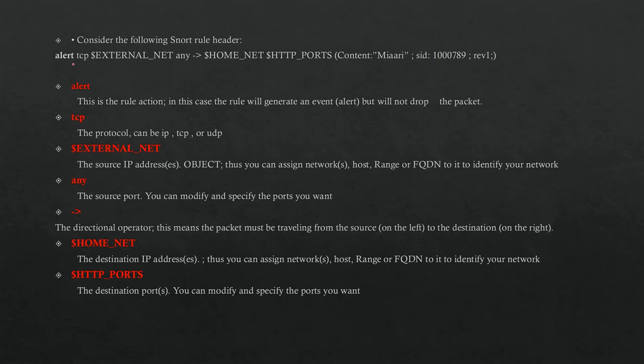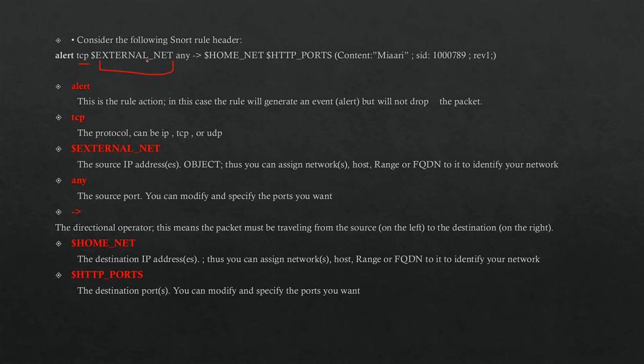The alert is the rule action behavior, so it will generate an alert simply. Consider this as an access control list; it is similar to it. Next, the protocol, this time we use the TCP protocol. The external network is an object.